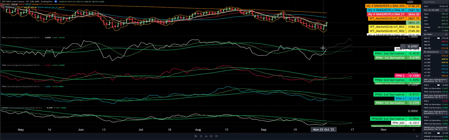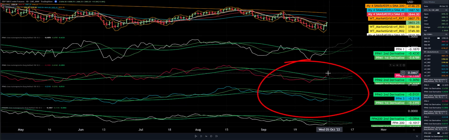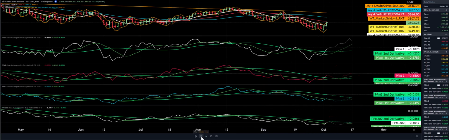So here we were. This is the prediction. We just went above the 10. Now what's happening is that the PPMs are starting to suggest that we might be able to get now above the 21-period moving average. Notice down here where my cursor is, this is where the PPMs are crossing through their first and second derivative. Let's continue to run the script.